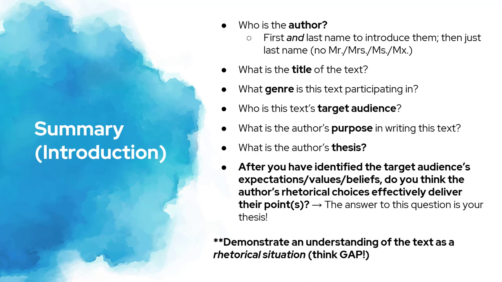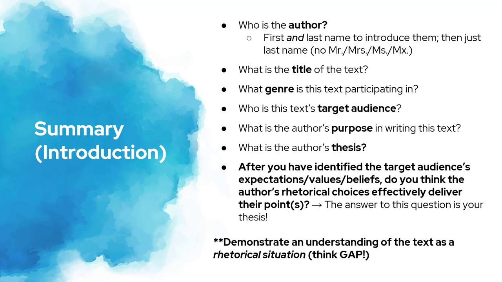It's also important in your summary that you demonstrate an understanding of your chosen chapter as a rhetorical situation. And remember, the three main components of any rhetorical situation are that text's genre, target audience, and the author's purpose in writing. So make sure you briefly define those moving parts as well.